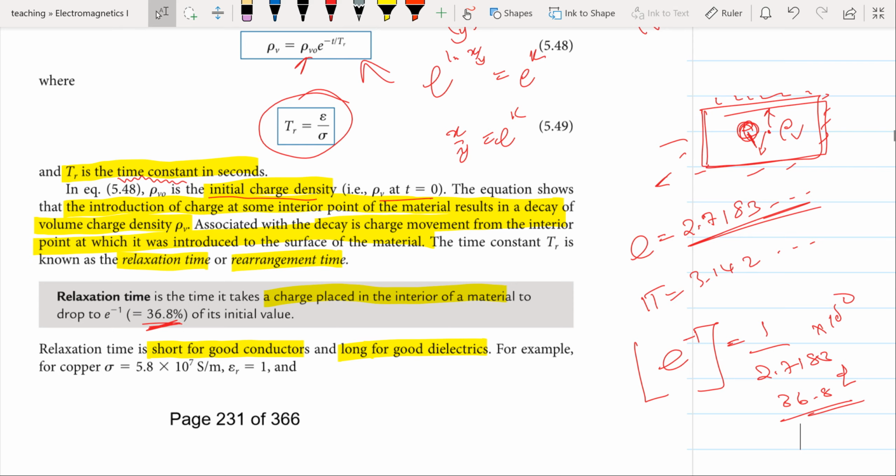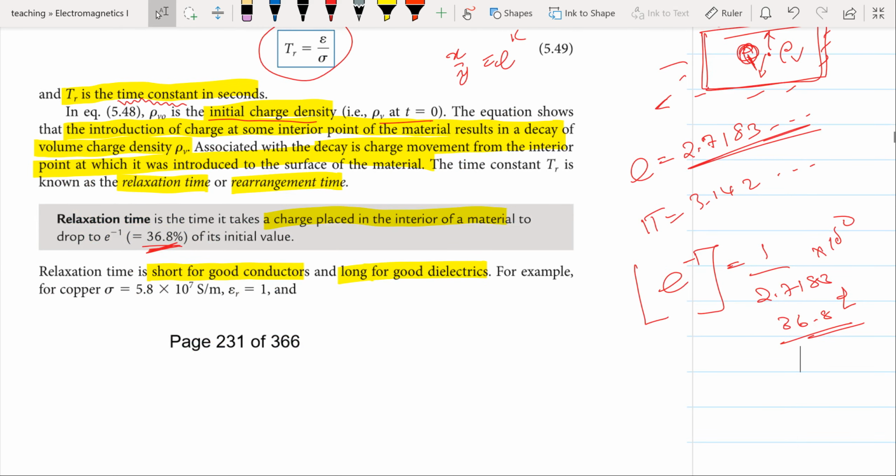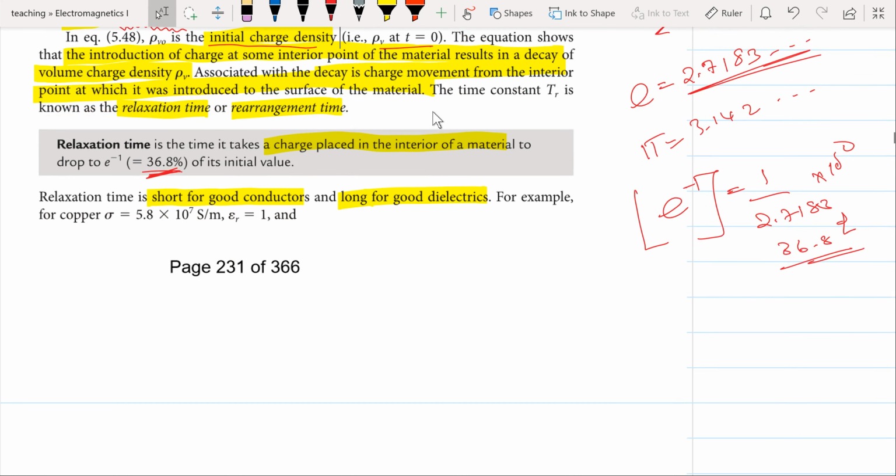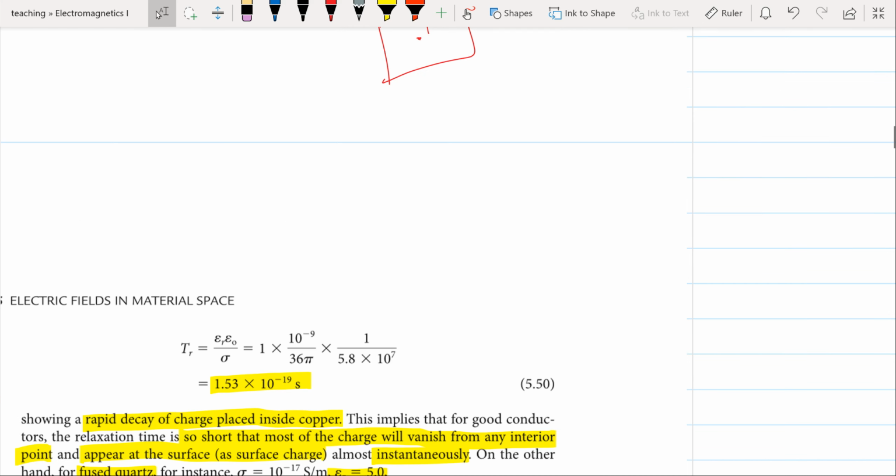So lastly, what we were trying to derive is this term, the relaxation time, and we have derived it. The relaxation time is short for good conductors and long for good dielectrics, such that in conductors, the charge introduced in a good conductor decays almost immediately, over a very short span, which we shall see here.